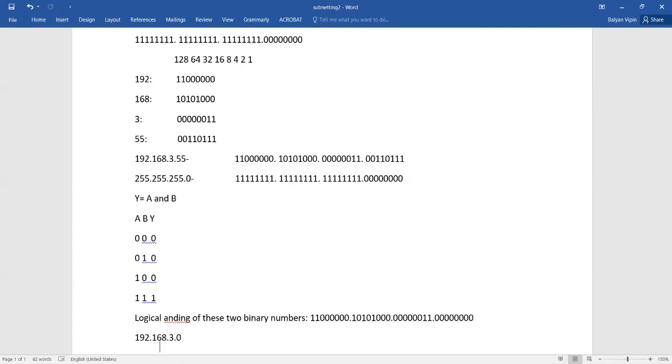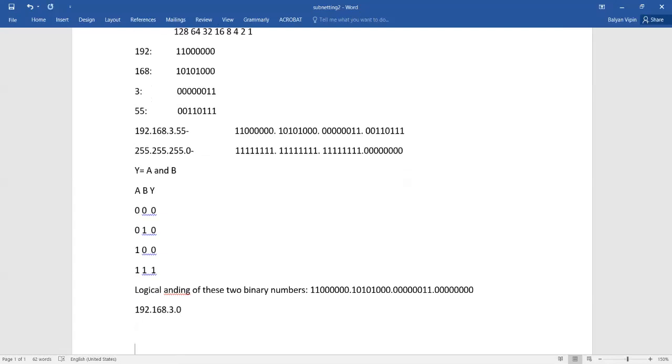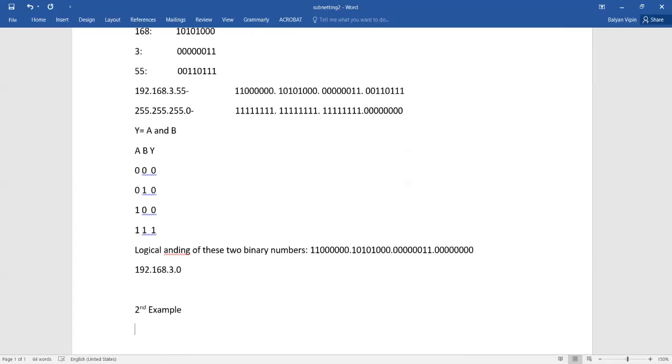So instead of this, if we have something like this, let me make it the second example. It is 192.168.3.55 and it's written as /28. Here again, this slash 28 indicates that the number of subnet bits is 28.